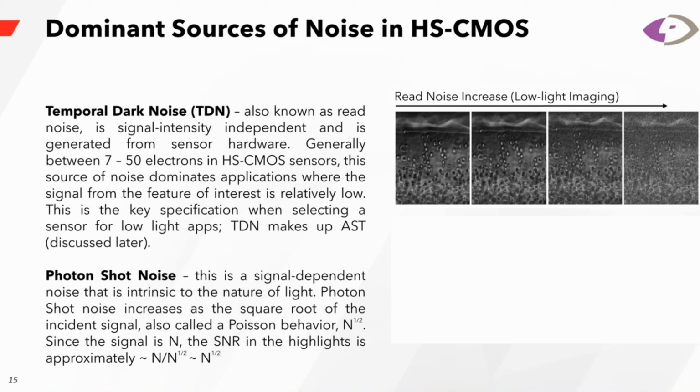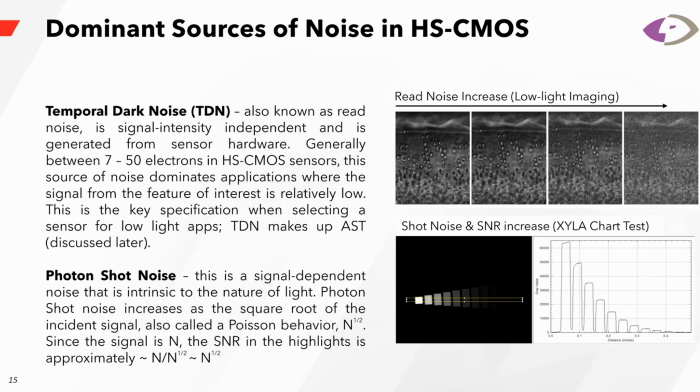So to give you an idea, if you, for example, look at a Xyla chart, which is a chart that increases in signal intensity as you go from the right-hand side to the left-hand side, and you look at the noise behavior, you'll see that as you increase the signal on the sensor, it will actually increase at a rate of the square root of the signal itself.